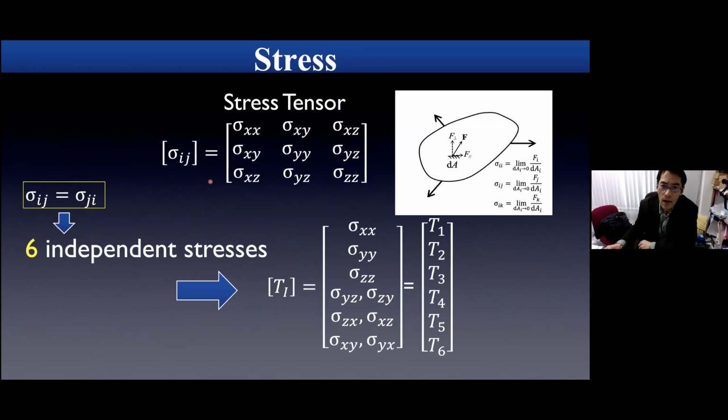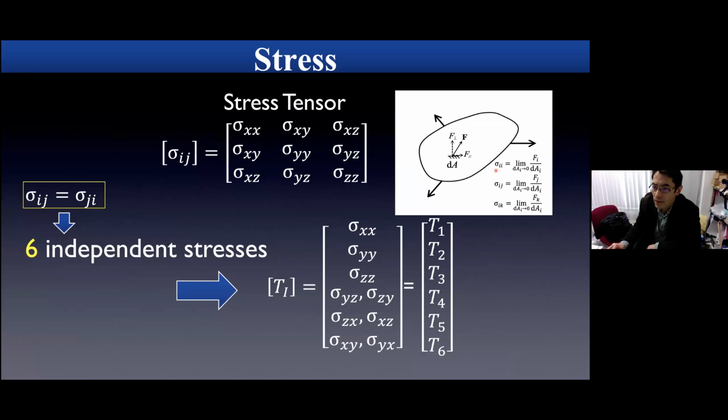I hope you know this word, stress. When we apply external forces to a solid, an internal force appears on a cross-section inside the material. The stress denotes the internal force divided by the cross-section area, when we take the limit of the cross-section area to 0.